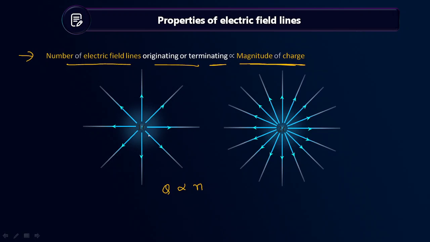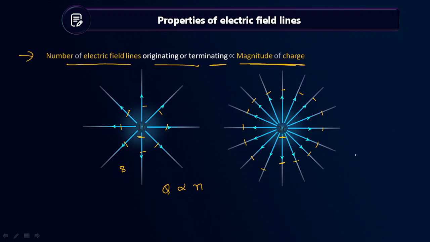Suppose this is 1 coulomb and this is 2 coulomb. Here we can count 1, 2, 3, 4, 5, 6, 7, 8. So total 8. If I want to draw for 2 coulomb, we have to draw 16 lines. Let us count 1, 2, 3, up to 16.